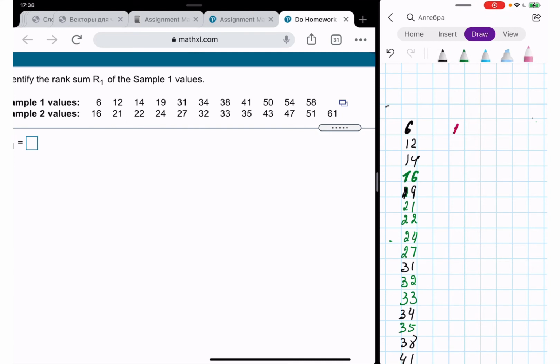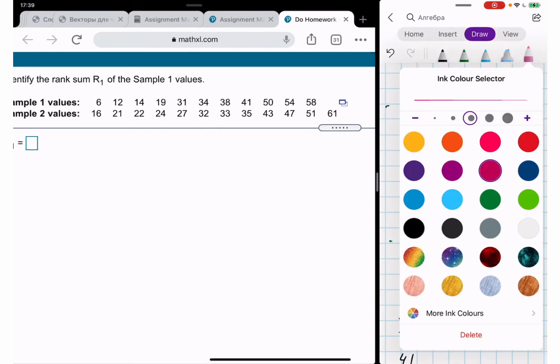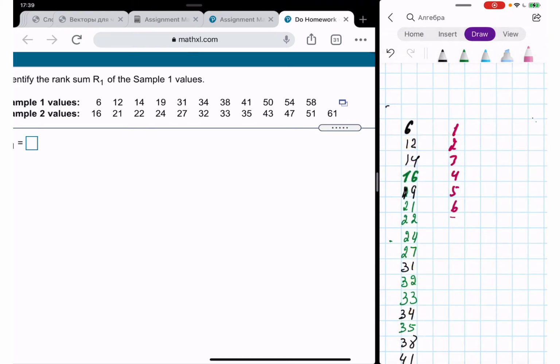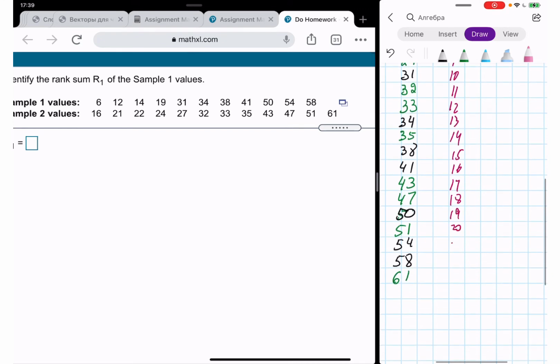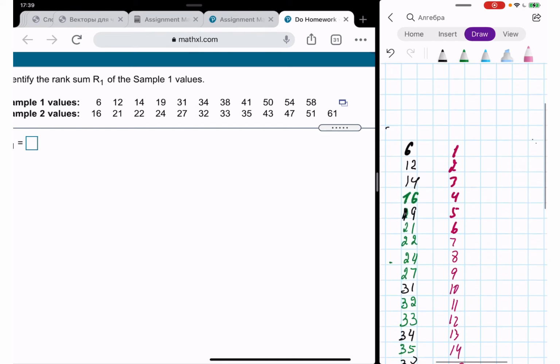It's going to be 1, 2, 3, 4, 5, 6, 7, 8, 9, 10, 11, 12, 13, 14, 15, 16, 17, 18, 19, 20, 21, 22, 23. Okay, so let's highlight them.